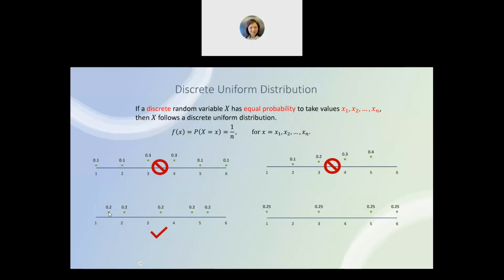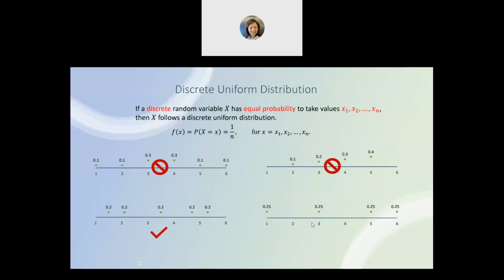So this matches the definition of uniform distribution perfectly. We've got a discrete random variable, right? Discrete because we have a list of 5 values. Now you don't have to worry about what the 5 values are. It's just we have 5 dots. So x can take these 5 values with equal probability. So we've got a discrete uniform distribution here.